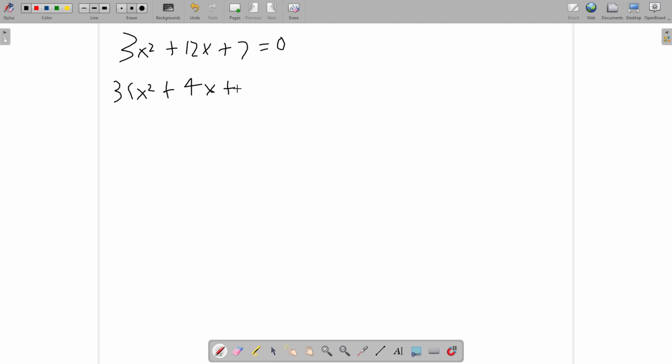We add a plus 4. But if we add a plus 4, then we've also got a minus 4. Close bracket. And the C component of this equation goes outside the brackets. This is very important, and you'll see why shortly. We leave this over here. Equals 0.